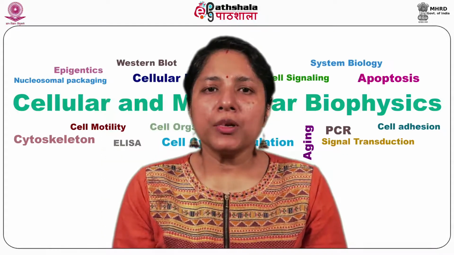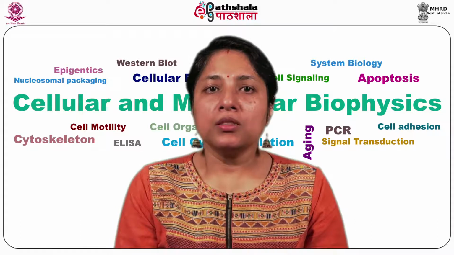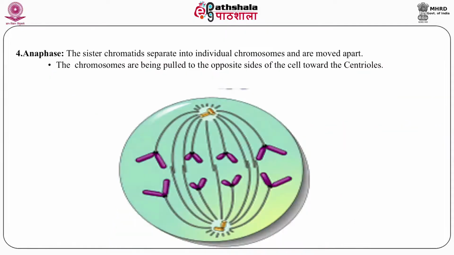Now, after metaphase, we see anaphase. The sister chromatids separate into individual chromosomes and are moved apart. The chromosomes are being pulled to the opposite sides of the cell towards the centrioles.